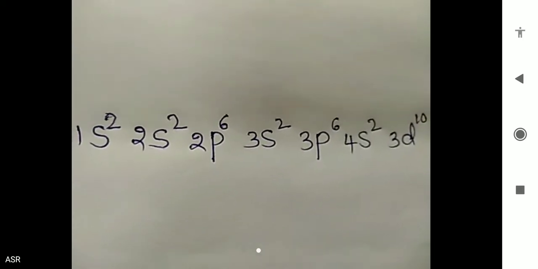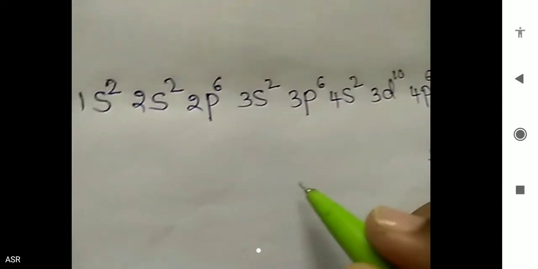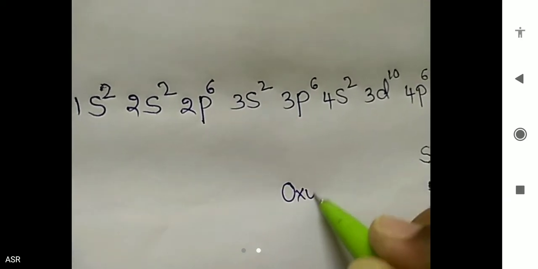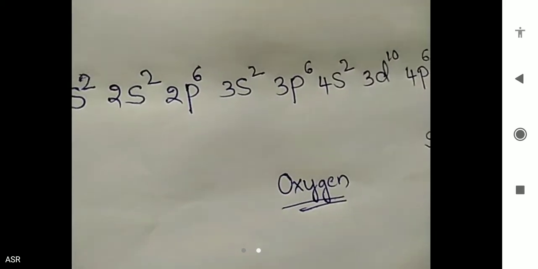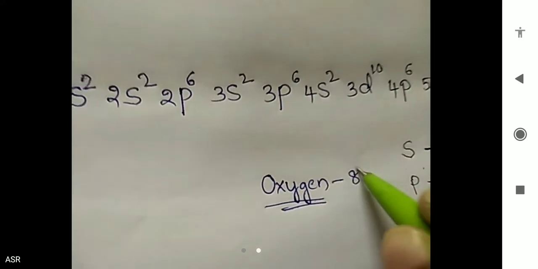Now, if in case you want to find electronic configuration of oxygen, see, oxygen is eighth element. You all know that. What is the atomic number of oxygen? Oxygen is eighth element, right?